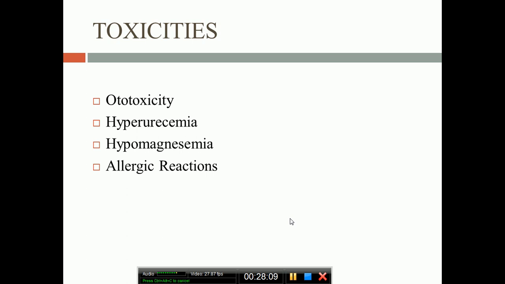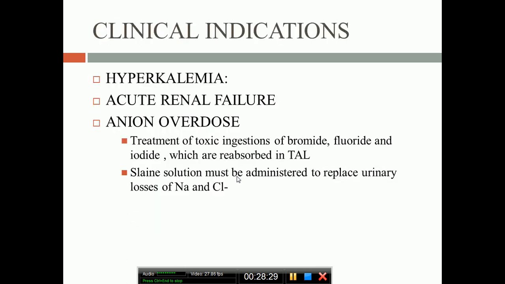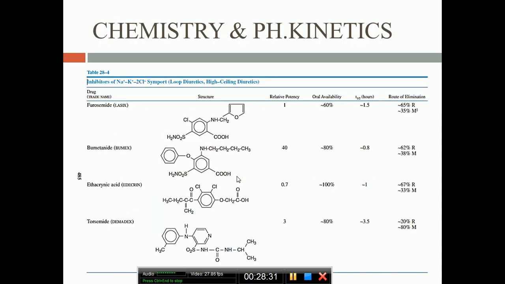Toxicities include ototoxicity, which can cause hair cell damage, hyperuricemia, hypomagnesemia and some allergic reactions, because furosemide, if you see, is a sulfur drug. Here again, bumetanide is a sulfur drug.